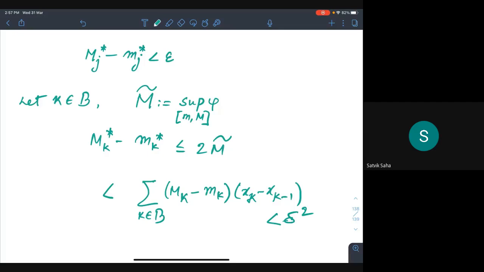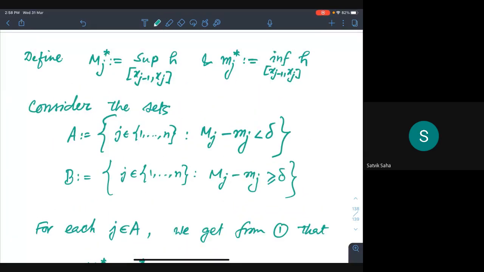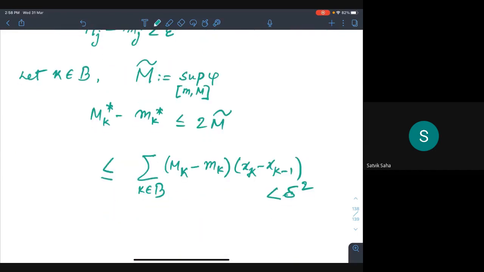So this Mk minus small mk would be what? Greater than or equal to delta. That's what it is, right? So we have on B, it is greater than or equal to delta. So this is summation k belongs to B of delta times (xk minus xk-1). Delta comes from here, and this is xk minus xk-1.